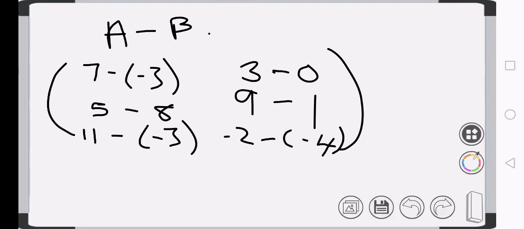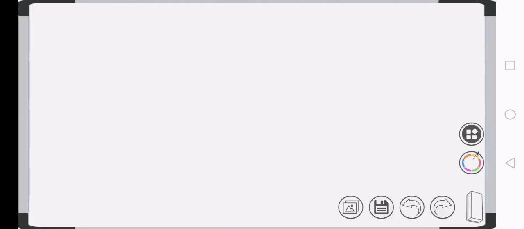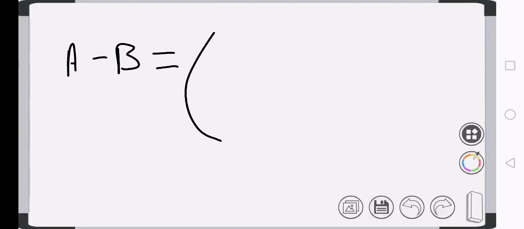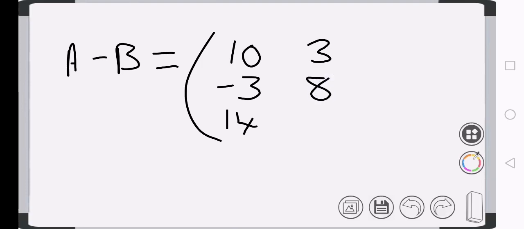Okay, so if you subtract these, the final will be such that A minus B is equal to 7 minus -3 is equal to 10. 5 minus 8 is equal to -3. 11 minus -3 is equal to 14. 3 minus 0 is equal to 3. 9 minus 1 is equal to 8.